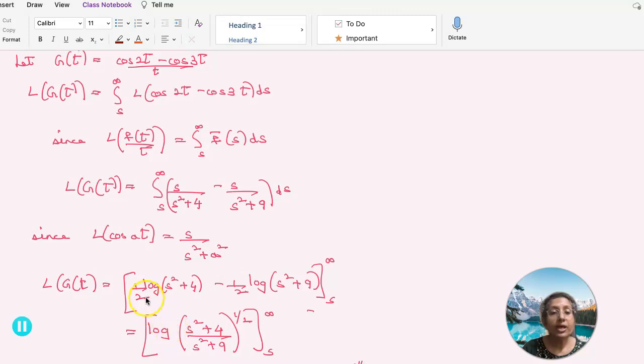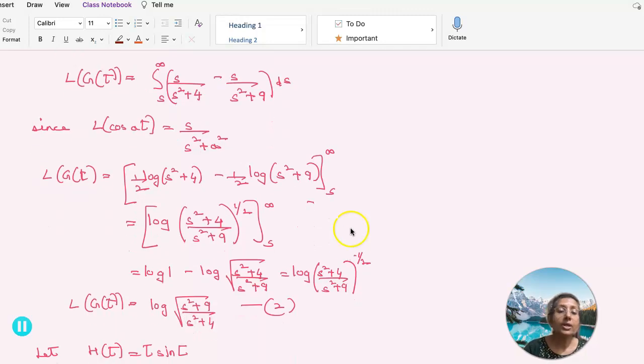So when you simplify and integrate, you get half log s squared plus 4 minus half log s squared plus 9 within the limits s to infinity. So we're using a lot of properties of log as well, which we used in the last case. Log a raised to m is m log a, and log a minus log b is log a by b. So this becomes log of s squared plus 4 by s squared plus 9 raised to half within the limits s to infinity.